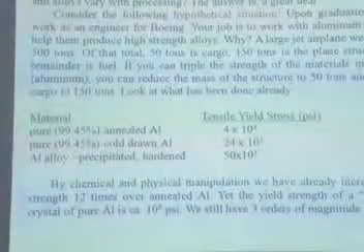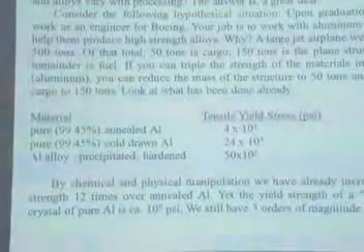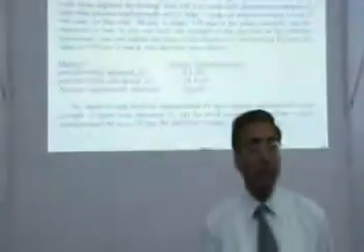Now, if you take aluminum alloy, which is precipitation hardened, it goes to 50. So what do we look into? By simply chemical and physical manipulation, we have already increased the yield strength 12 times over annealed aluminum.